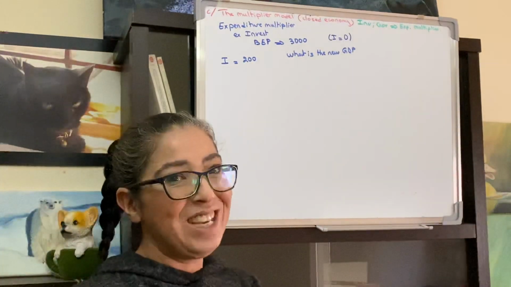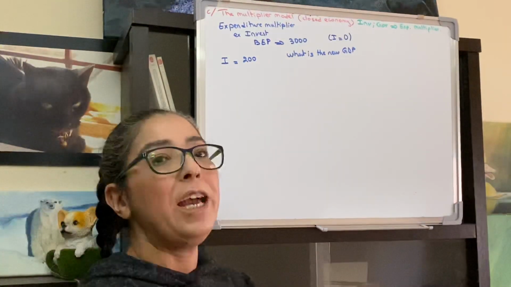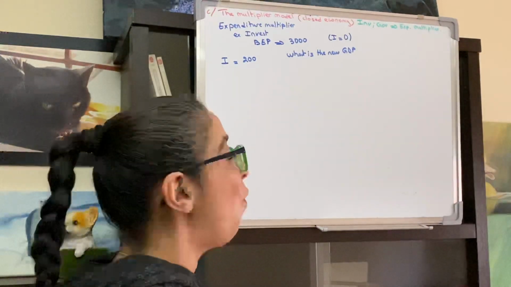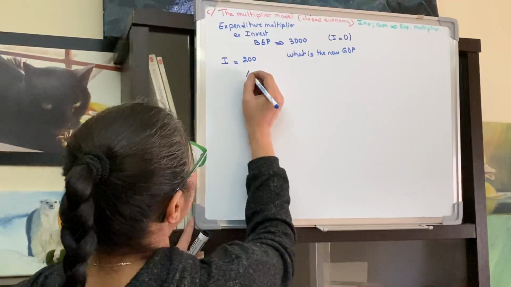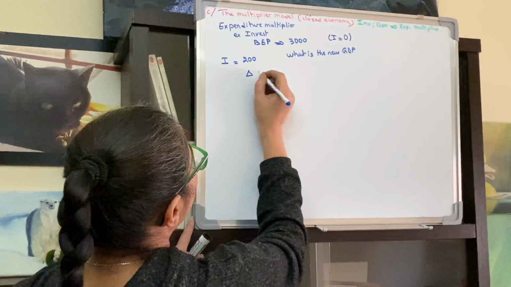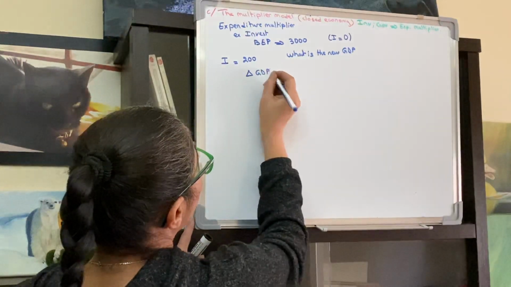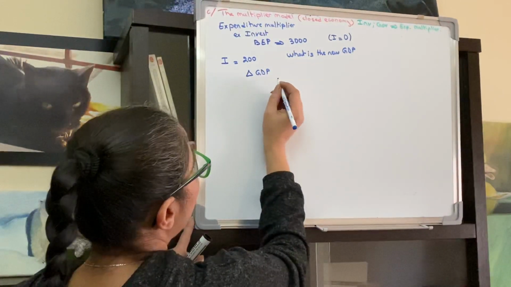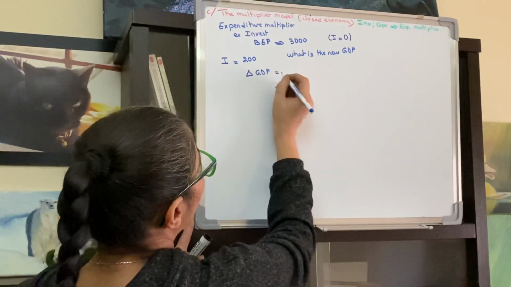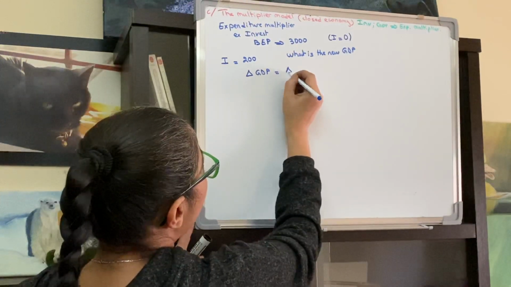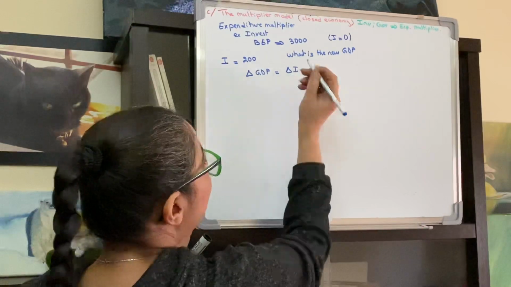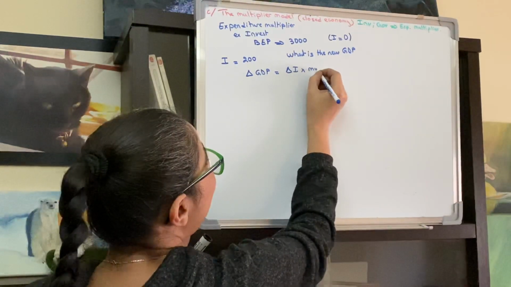Because we did it. But now I'm going to use the multiplier in order to do it. So first I need to find delta GDP. Delta GDP is equal to delta I times the multiplier, isn't it?